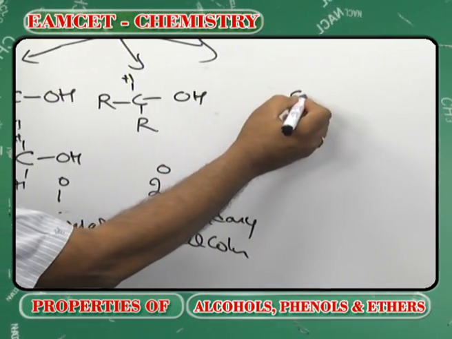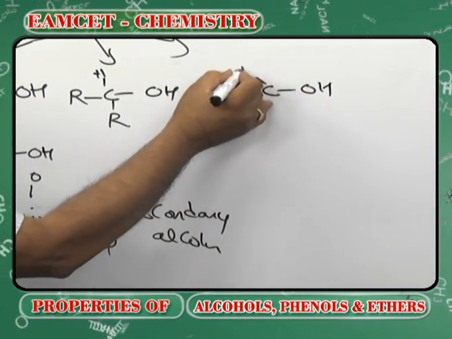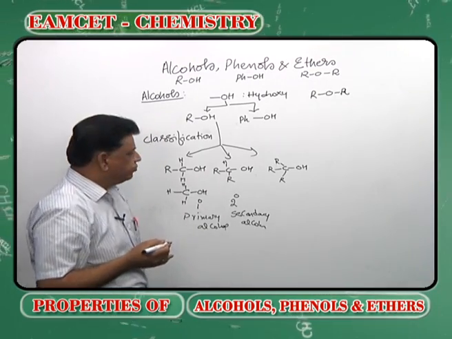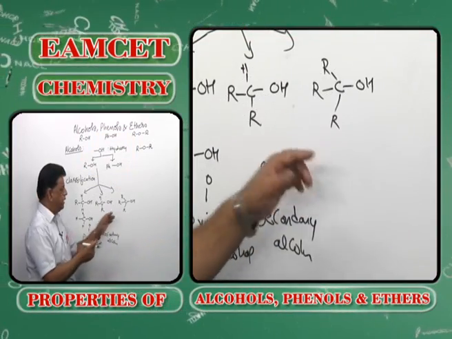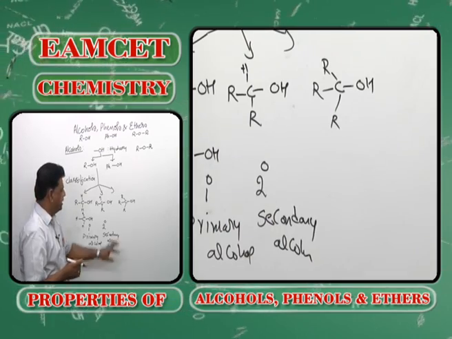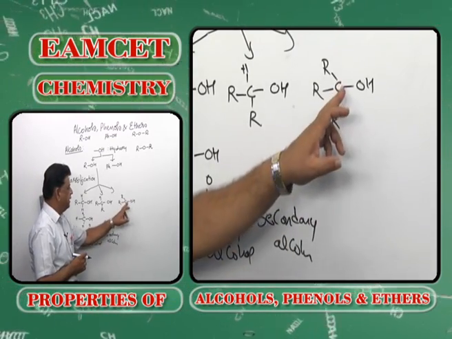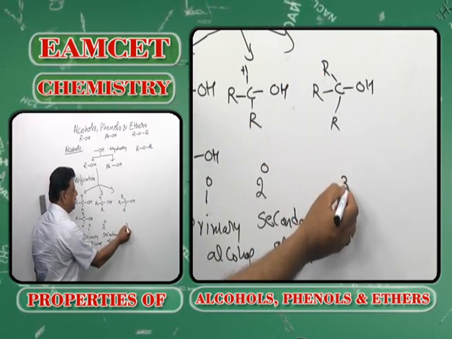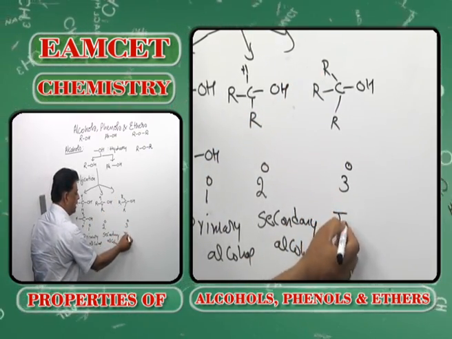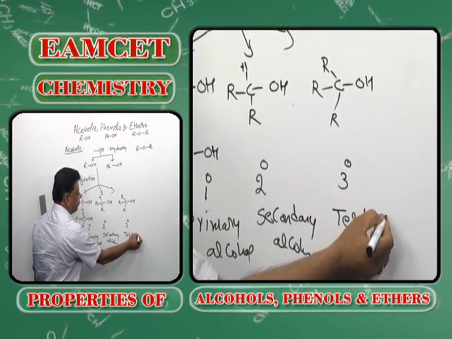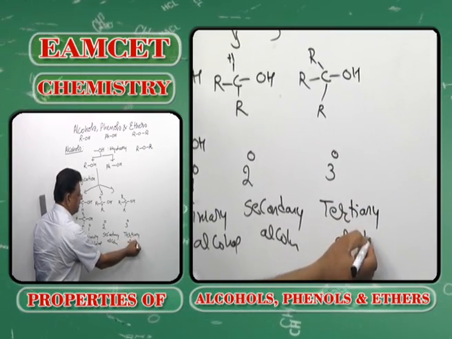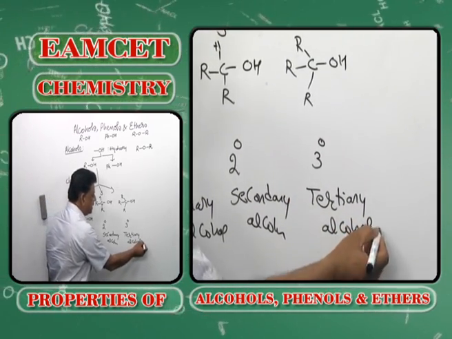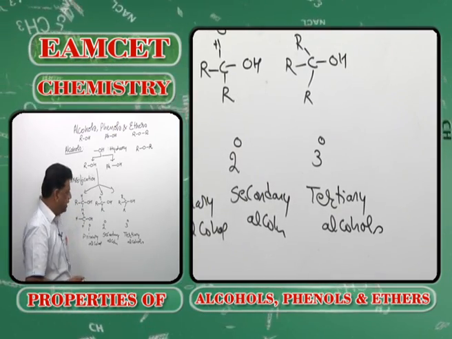If the OH attached carbon is attached with 3 alkyl groups, the alkyl group may be methyl, ethyl, propyl, a very big group, or even an aromatic group, it is called 3 degree, also called tertiary alcohols.